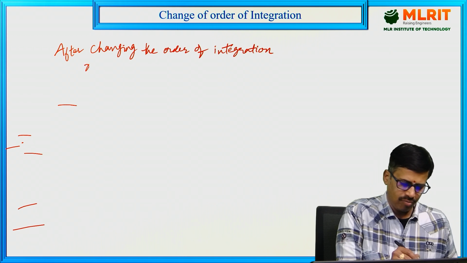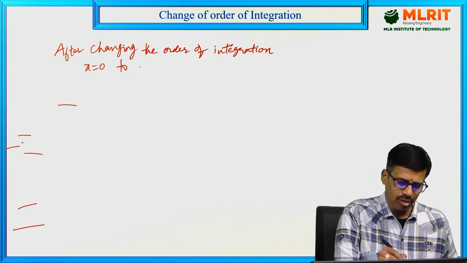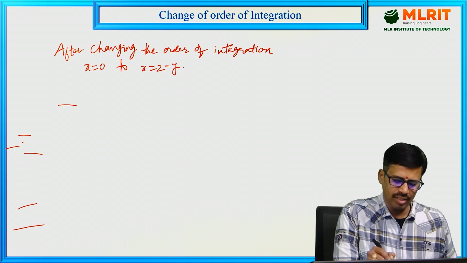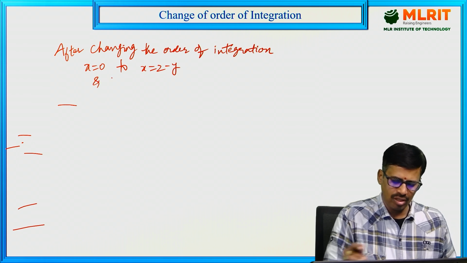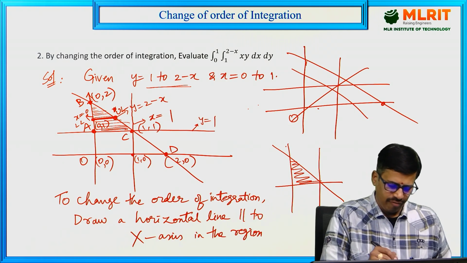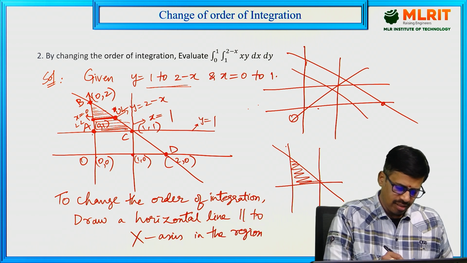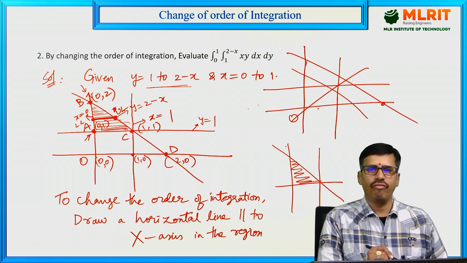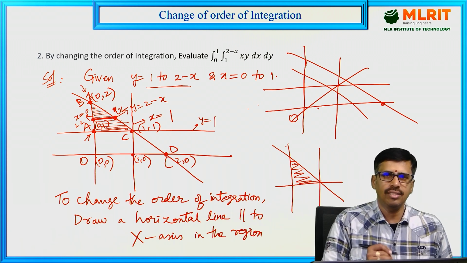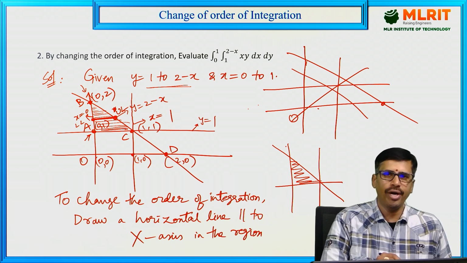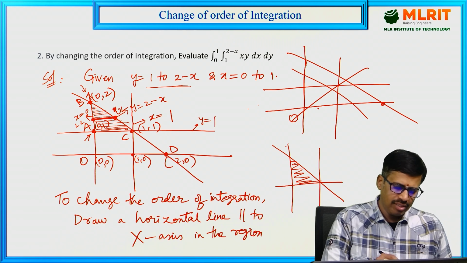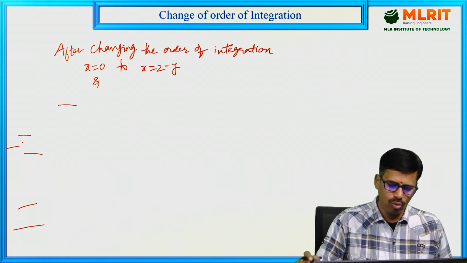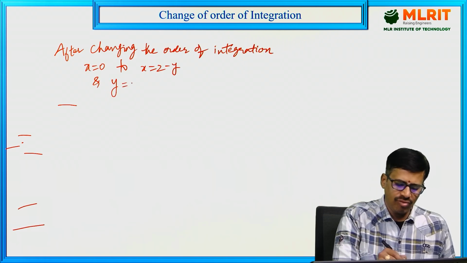So x equal to 0 to x equal to 2 minus y. These are the limits. And what are the y limits? We can see this is the coordinate A 0 comma 1 and this is the point B 0 comma 2. So if you look at the limits for y between the points A and B, we can see that the y coordinate is changing from 1 to 2. So y varies from 1 to 2.